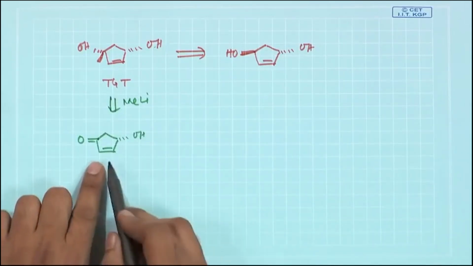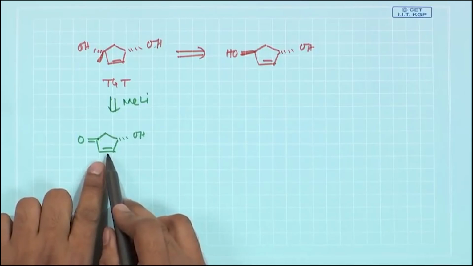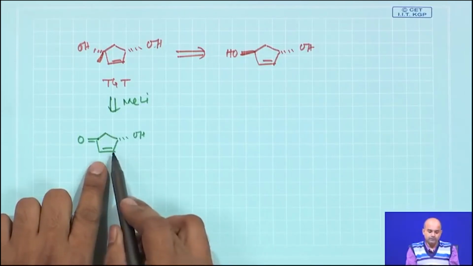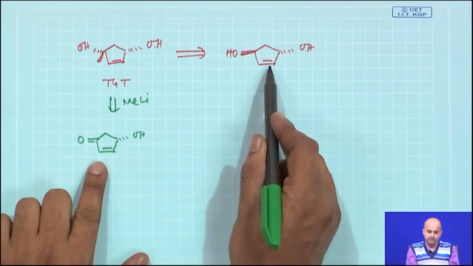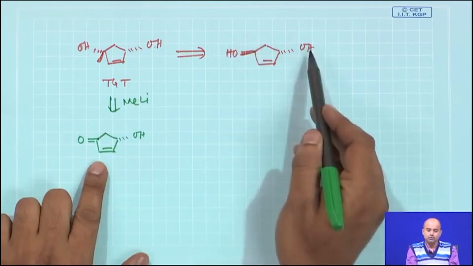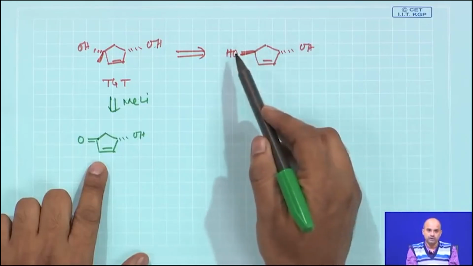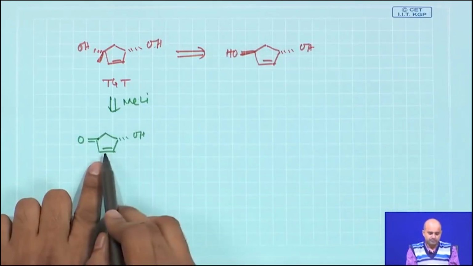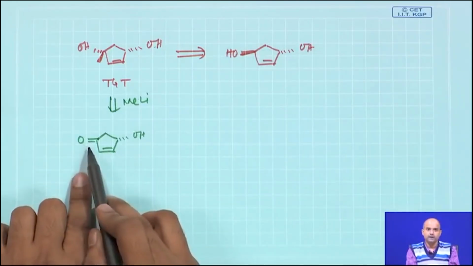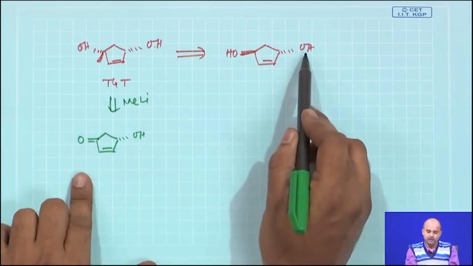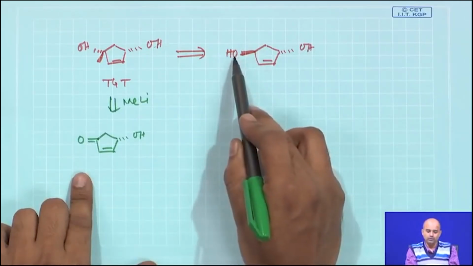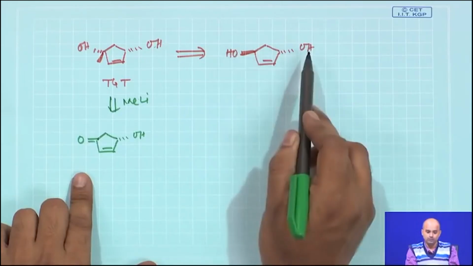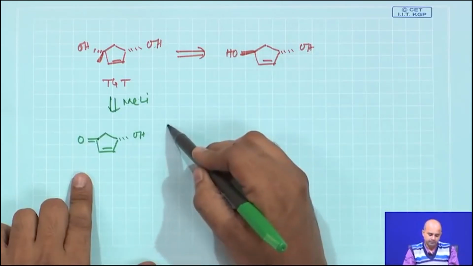Now, we said you need an intermediate of this. How can this intermediate be constructed from this compound? There are two OH, 2 hydroxy. One of these hydroxy needs to be selectively oxidized, which means that out of these 2 OH you need to protect one of the OH selectively.